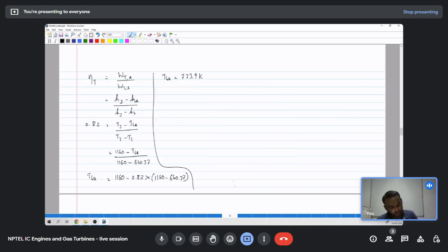Now we can calculate the actual turbine work. This is Cp into T3 minus T4A. This is 1.005 into 1160 minus T4A, which is 733.9.